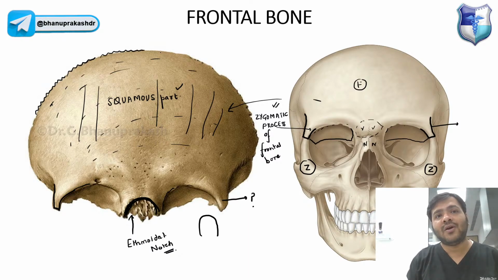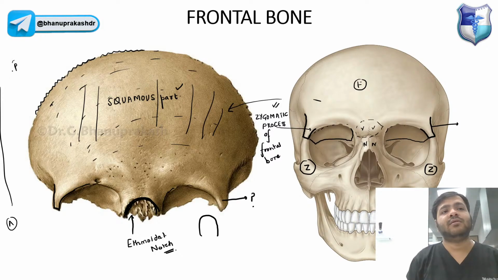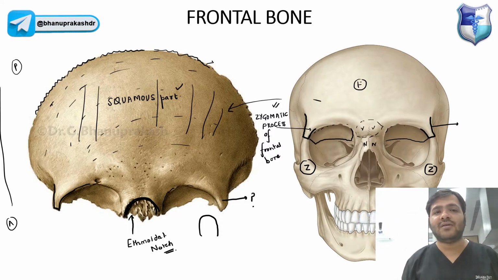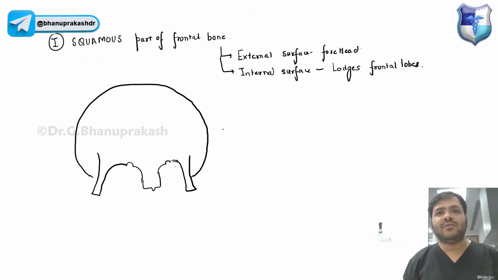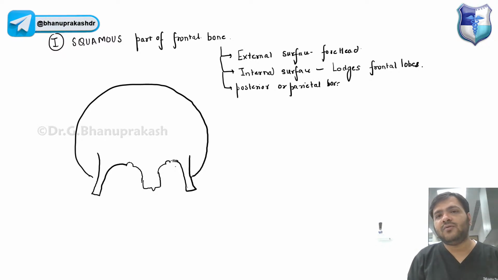If it is from anterior to posterior, looking from front to back, this is toward the parietal bone. So I can simply say the posterior border of the squamous part, or I can say the parietal border. So remember, we have the posterior border, or parietal border.